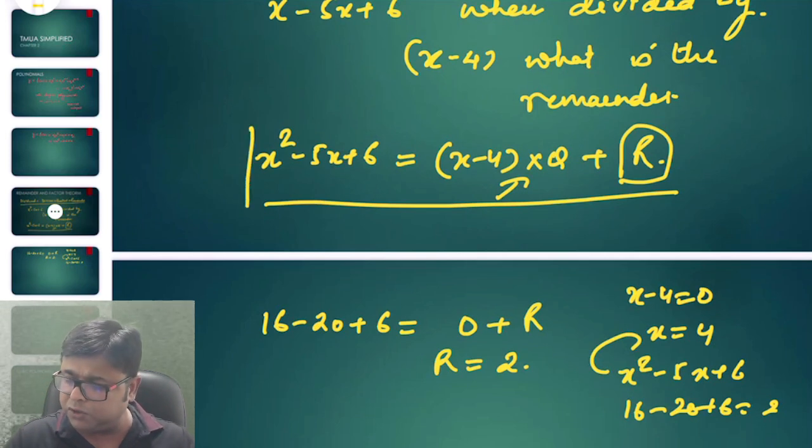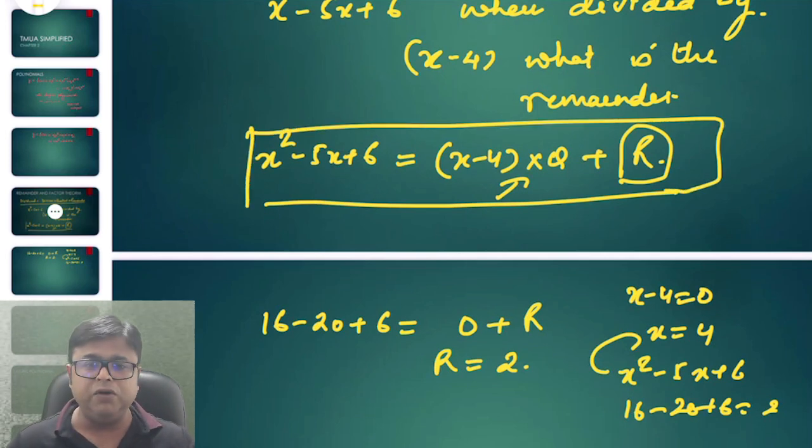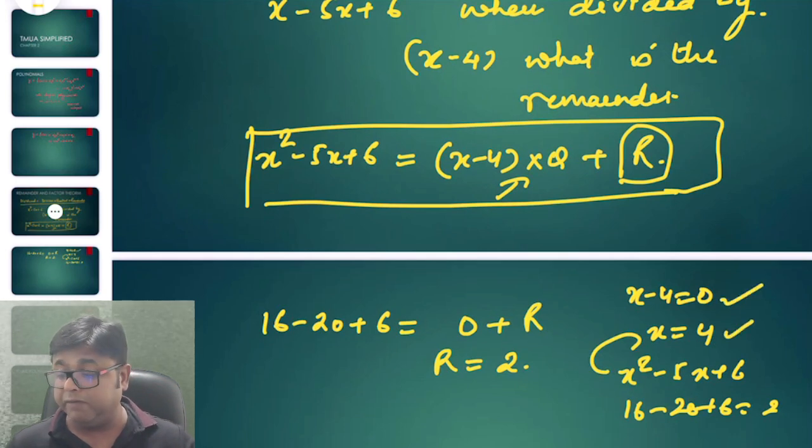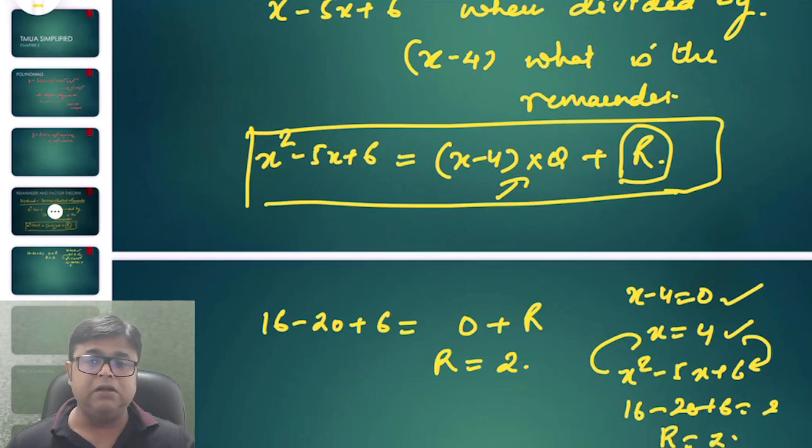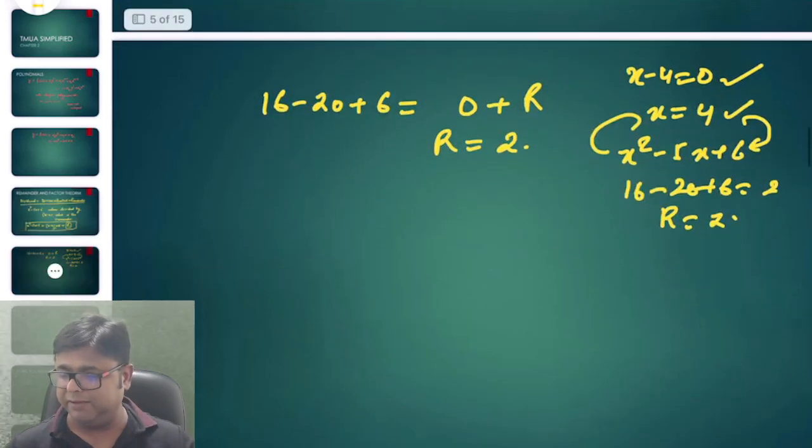Obviously, you should know the basics of it, which I've told you. But once you have understood this, you do not need to write the equation. You can easily put the divisor equal to 0, get a value of x, put it back into the dividend in place of x, and the value that comes out is the remainder. So the remainder is 2.